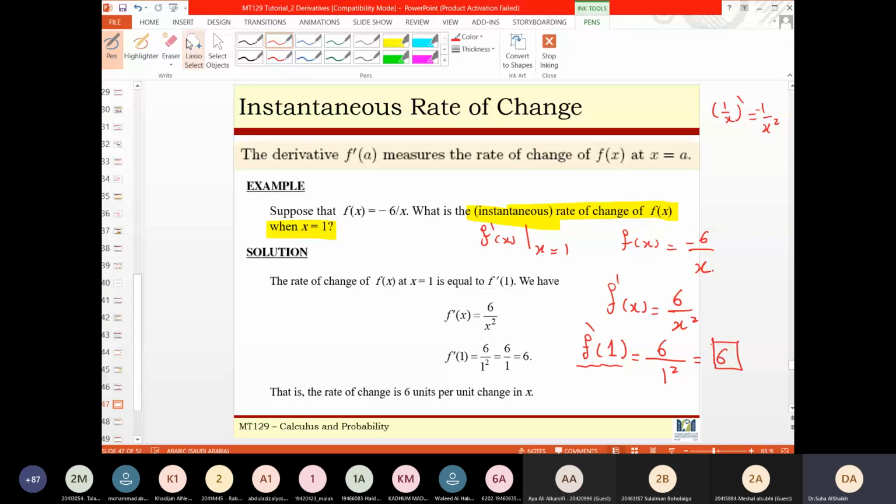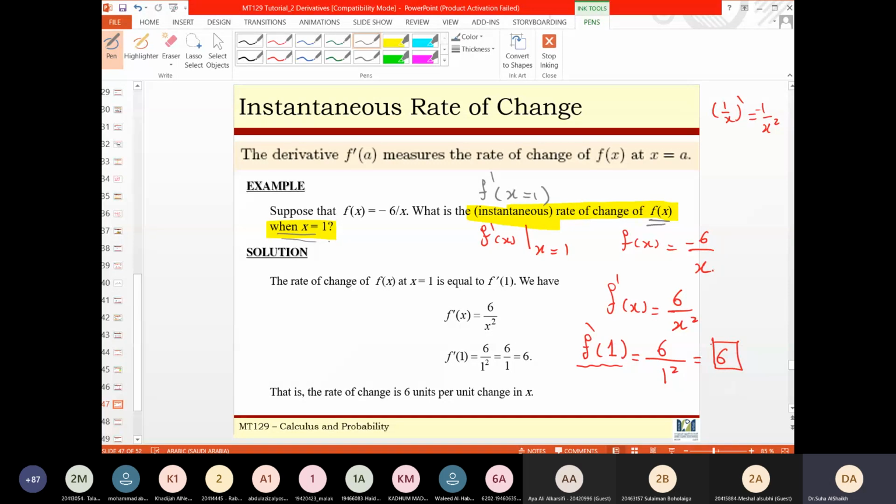In the question, they are asking us to find what they call an instantaneous rate of change of the function f of x at the point x equals 1. Instantaneous means momentary. The word instantaneous, if you translate it, means at a moment, at the moment when x equals 1. Rate of change is the amount of change, which is the derivative. Now when it says instantaneous rate of change at x equals 1, simply it wants me to find f dash when x equals 1. You got it now?